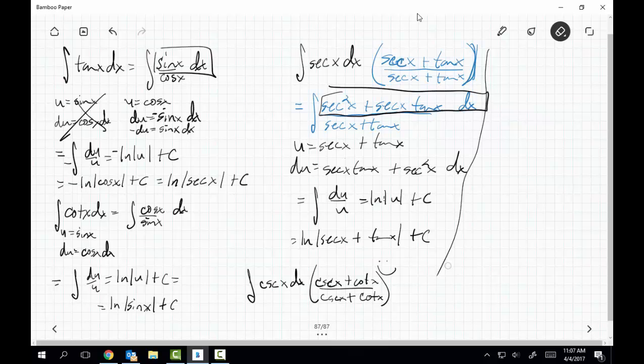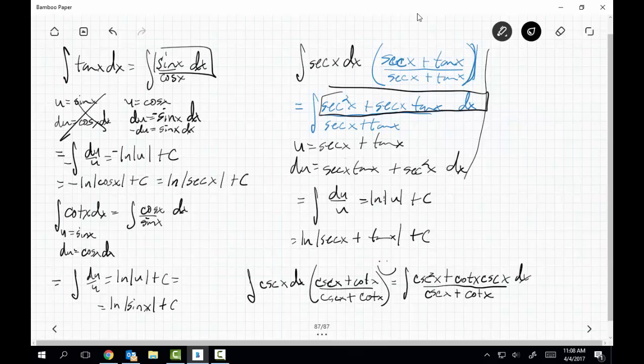This turns into the integral of cosecant squared x plus cotan x cosecant x. Again, your spidey sense is probably tingling a little bit. And I get cosecant x plus cotan x. And if you look close, u is going to be the denominator.